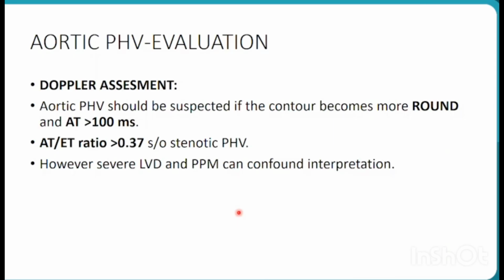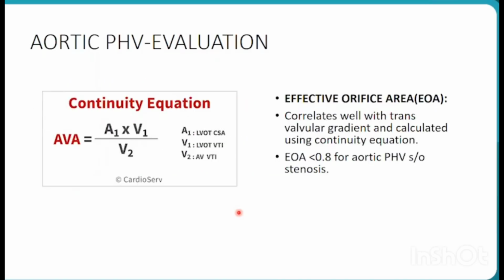That is, in severe LV dysfunction, we may not find gradients across the valve reaching up to 4, like more than 2 meter per second. So this is just a continuation of that. Next we assess the EOA or the aortic valve area using the continuity equation. We are well familiar with this.